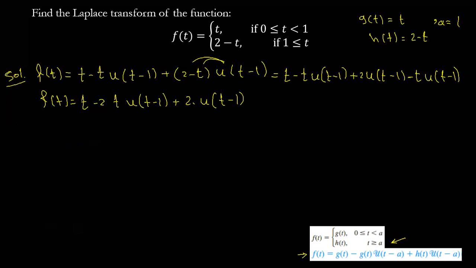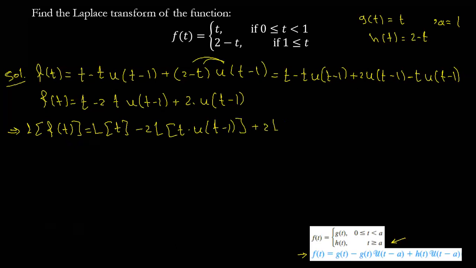So you will write Laplace of f of t is given to be Laplace of t minus 2 Laplace of this product, t times u of t minus 1, plus 2 Laplace of u of t minus 1. Now I'm going to find Laplace for each one of those.